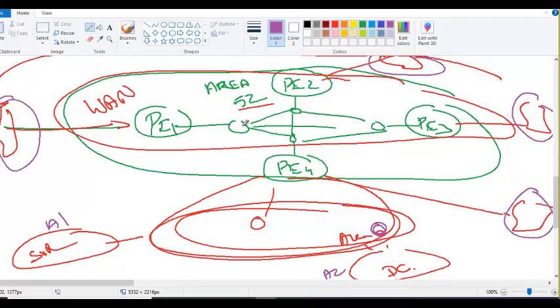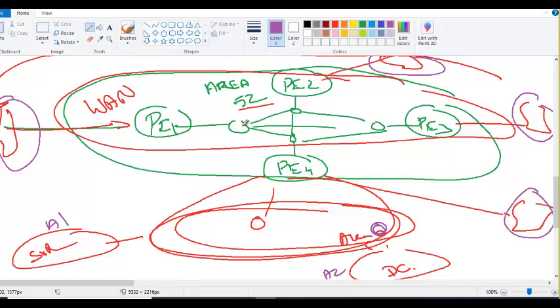Okay, I understand where you're going. See, our aim here is not to see how the customer routes are going to go through the provider. It's not a BGP class. We'll talk about that later. You've just started MPLS. What you're asking is a VPN service, which we have not even started in MPLS. So, along with BGP, MPLS can provide you a layer 3 VPN.